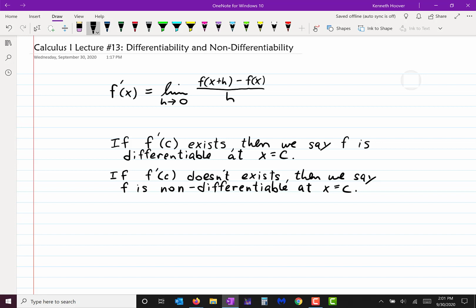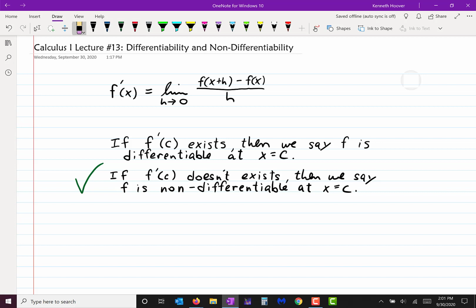If I just say the function is differentiable, period, then that means the derivative exists at every value of x in the domain. Today I want to go over when this happens: when is a function not going to be differentiable?